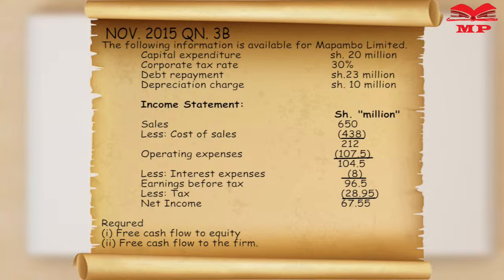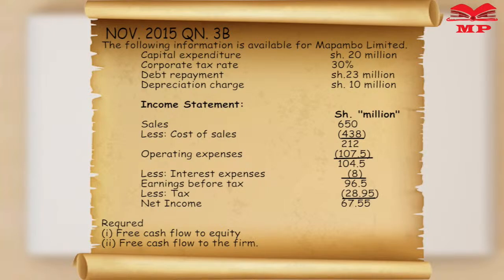An income statement extract has been given: sales in millions 650, less cost of sales 438, you get 212, less operating expenses 107.5, less interest expense of 8, you get 96.5, then less tax, 28.95. The net income after subtracting the tax component is 67.55.